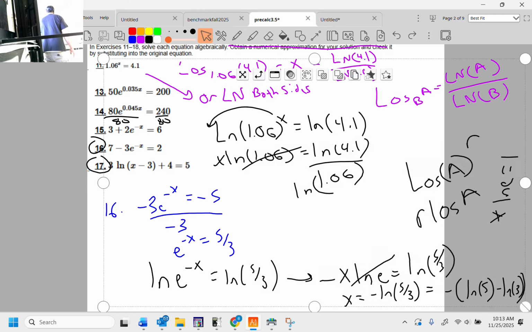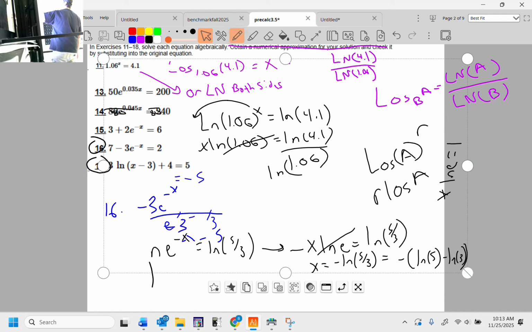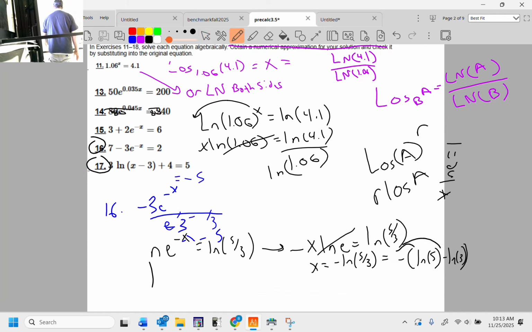And what happens if you distribute your negative? Works. Well, what's the negative natural log of 3? No, it's the negative times the negative. Negative natural log of 5 plus the natural log of 3.